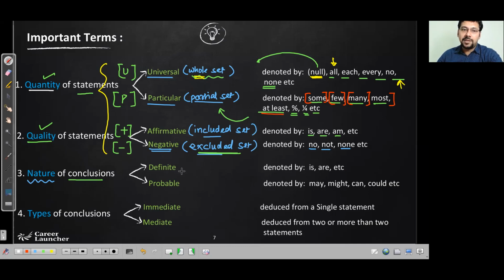Any claim that is definite is going to be given by terms like is, are, etc., while any claim that is probable is going to be expressed by may, might, can, could, any of these words which suggest a probability or a possibility of events happening. So it's very simple to recognize: whenever they say something like may, might, it refers to a probable claim or a probable conclusion. Otherwise, they refer to a definite claim.